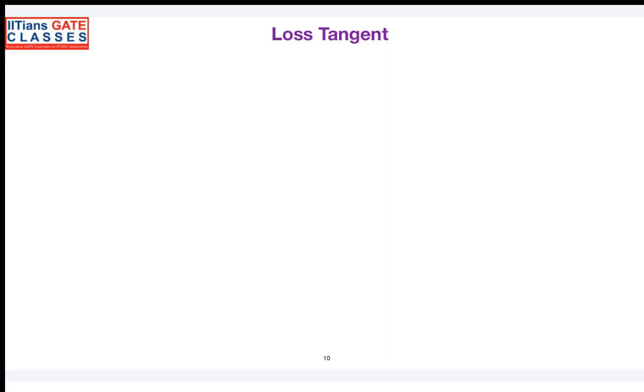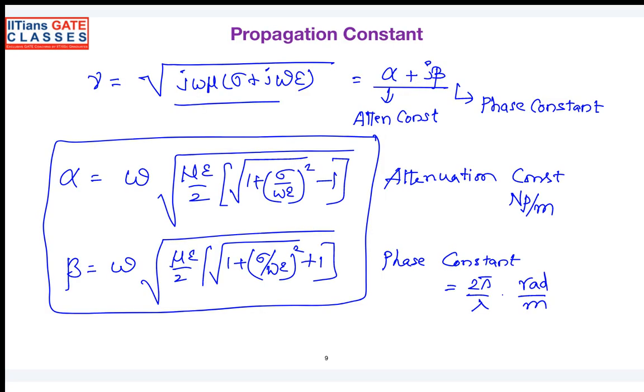If you see the equations of alpha and beta, there is a specific term called sigma by omega epsilon. That particular term is said to be the loss tangent. So the loss tangent is nothing but the ratio of sigma divided by omega epsilon.